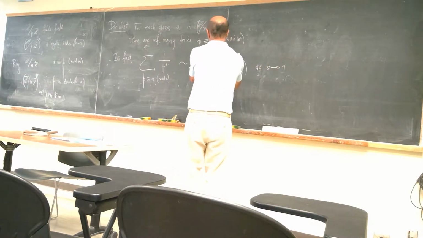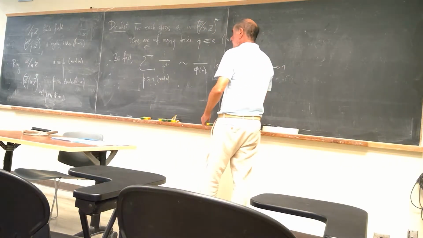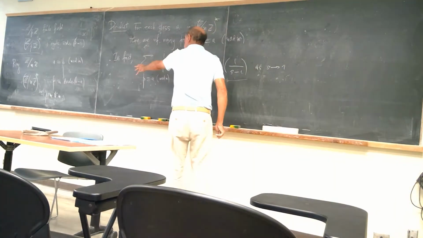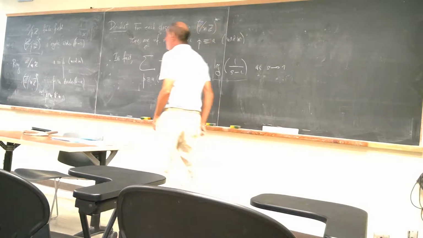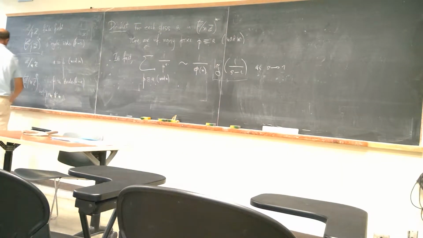So this is the way the sum over all primes behaves. And if you just take the subset of primes which are congruent to A mod M, you get 1 over phi of M, where phi of M is the order of this group, the Euler number. Okay.